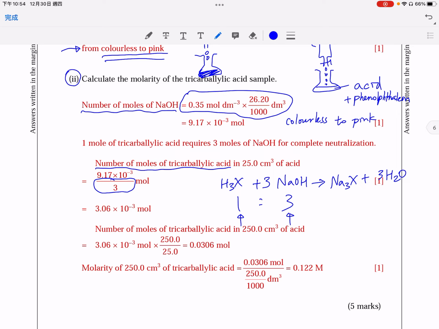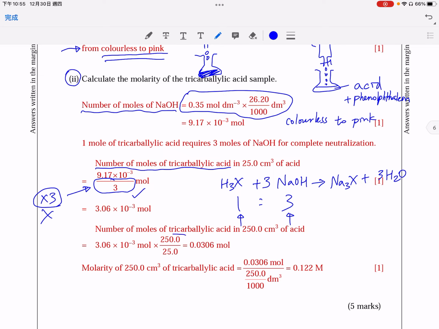When I marked the paper, I found quite a number of students wrongly do the calculation using times 3. Of course, this is incorrect. Divide the number of moles of sodium hydroxide by 3 is the correct way.